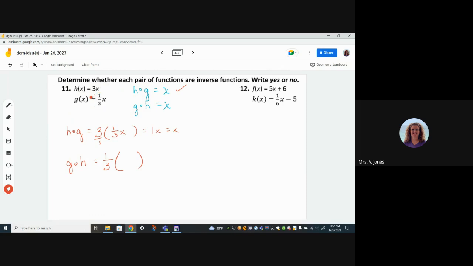And now we're going to take the h and plug it in for g. So this 3x gets plugged in where the x was. When you work this out, since 3 over 1 is the same as 3, if you multiply across the top, across the bottom, 3 over 3 is 1. We've got their x in there. So they both end up being equal to x. So that's a yes.